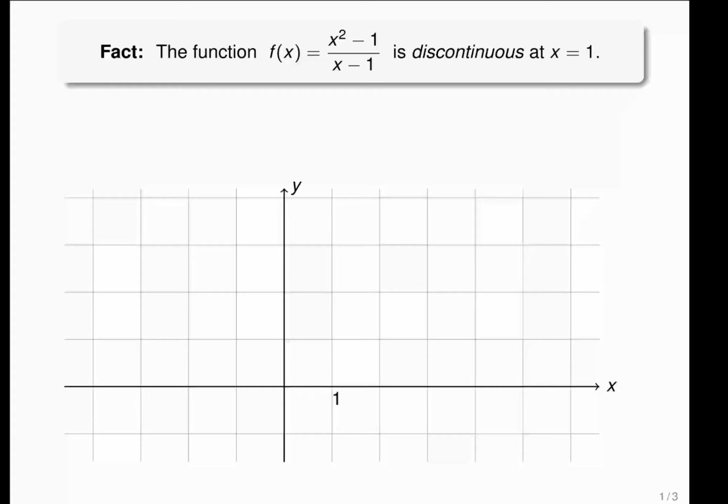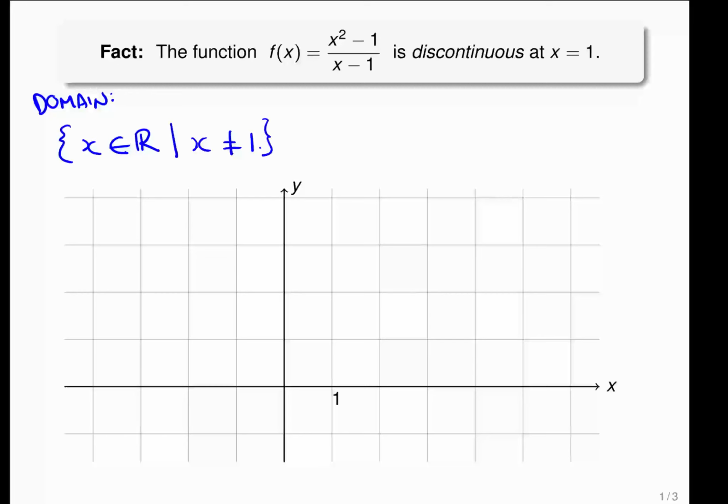Firstly, note that the domain of the function will be all the real numbers such that the denominator is not 0. That means the domain will be all the real numbers, but we must remove x equals 1. So, written in set notation, the domain is therefore the set of all real numbers R such that x is not equal to 1.